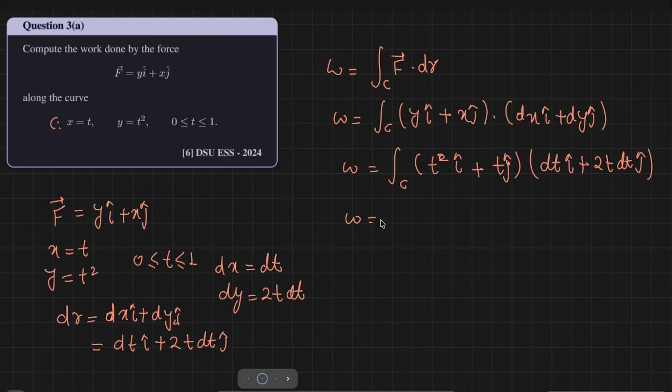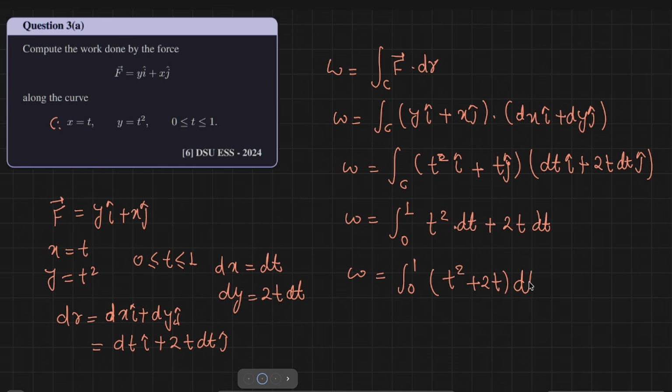Now you can multiply this. It is a integral. Now convert it to t. Limit of t is from 0 to 1. This is t square into dt plus 2t dt. Okay, so you can write down w is equal to 0 to 1. So this is t square plus 2t dt.